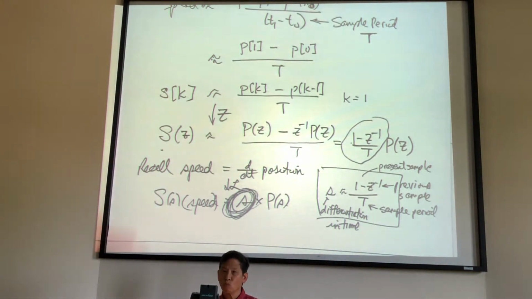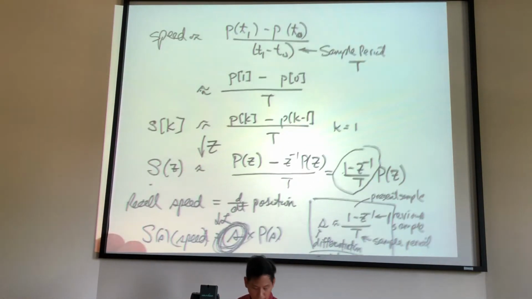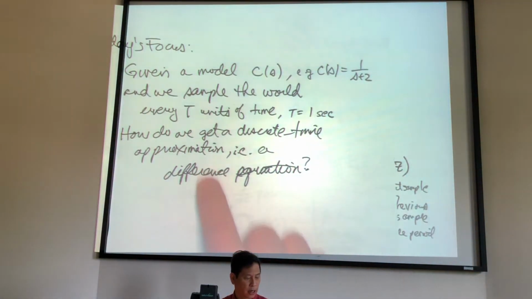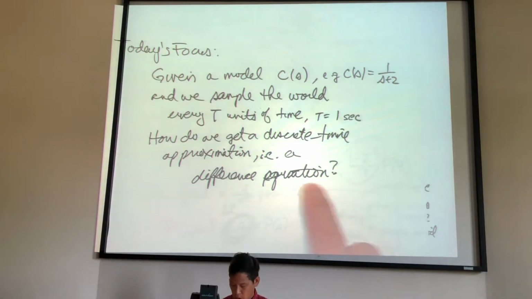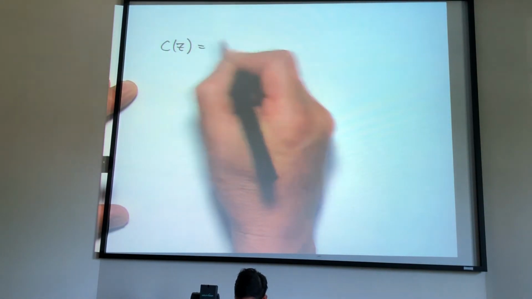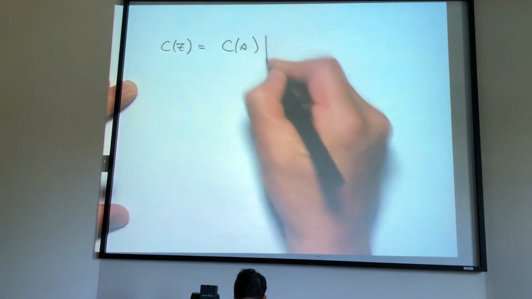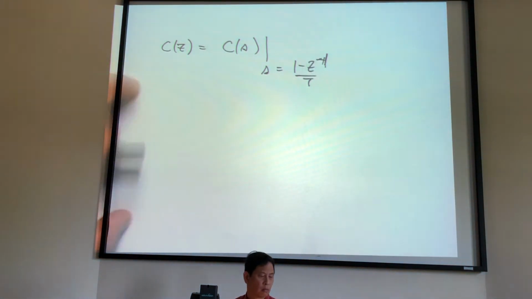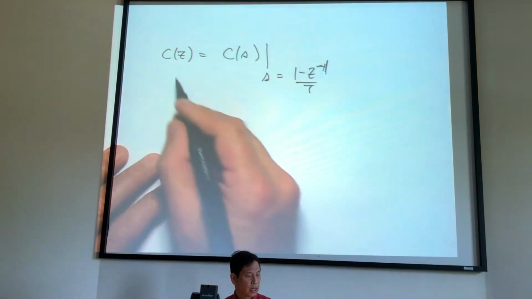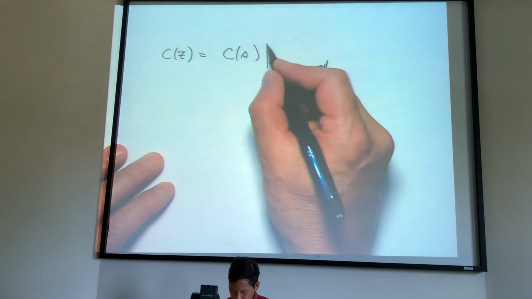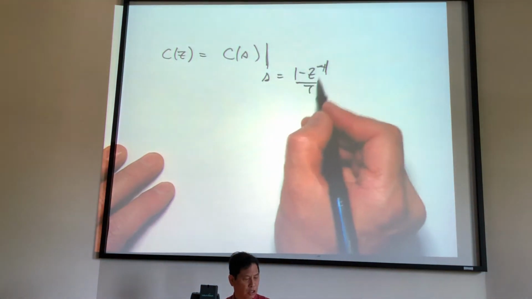Okay? Okay, so let's go back. Our question is, if I was given this and a sample, how can I approximate my difference equation? Okay, so this is the solution. Okay, this means to get a C of z, I just take C of s and substitute, this means substitute, let s equal to this expression.